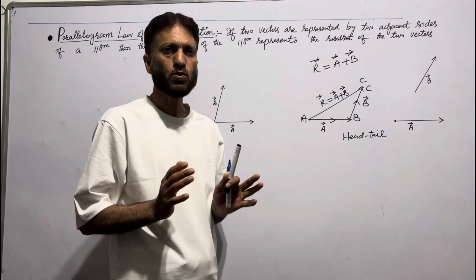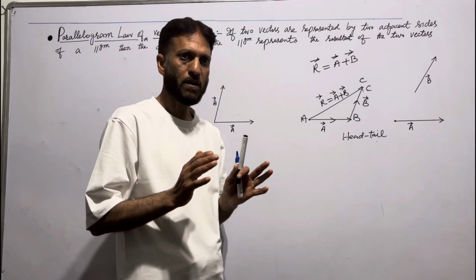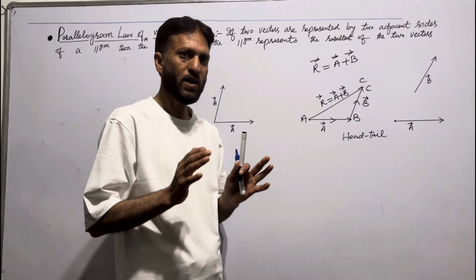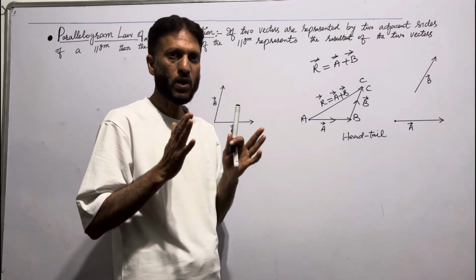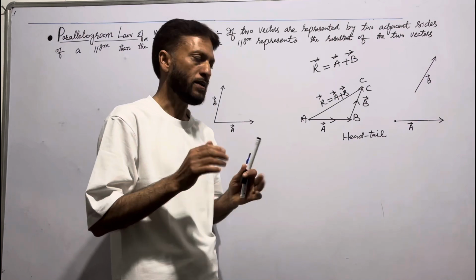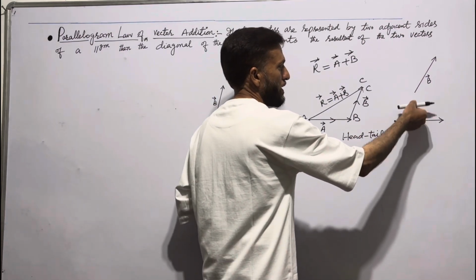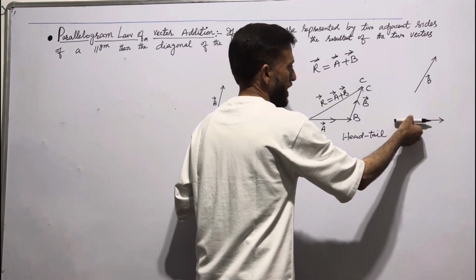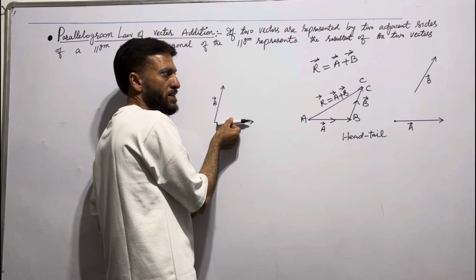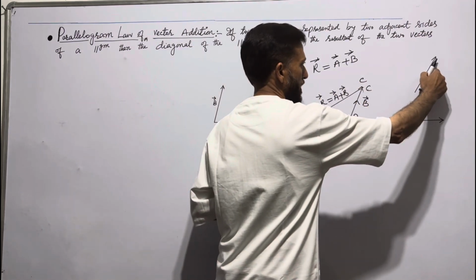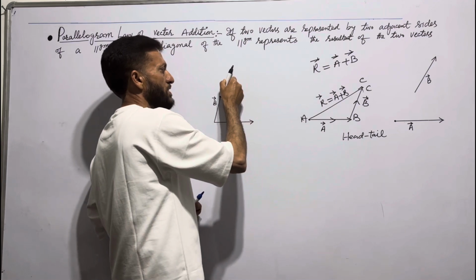We can also add two vectors using parallelogram law of addition of vectors. For this, we have to join two vectors tail to tail. This is vector A, I want to add vector A and vector B. I have displaced A here without changing its direction, and this is vector B, I am going to displace it without changing its direction.